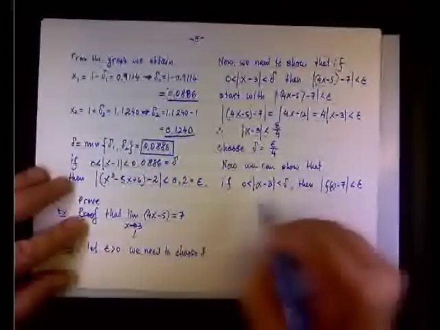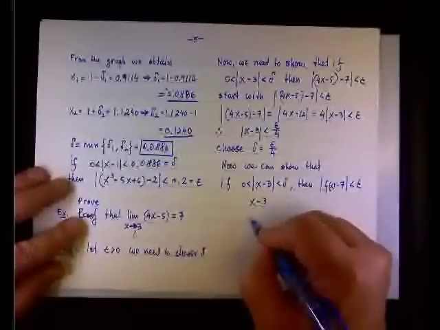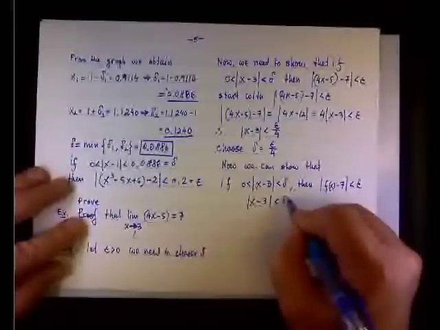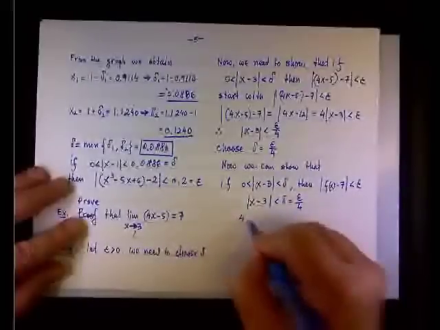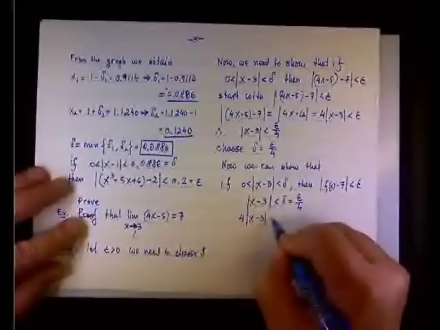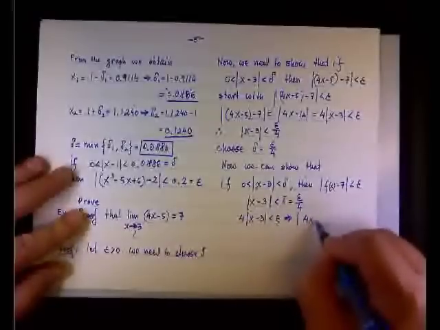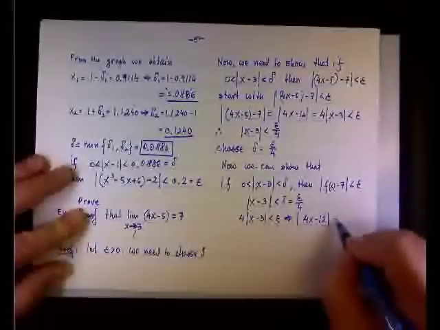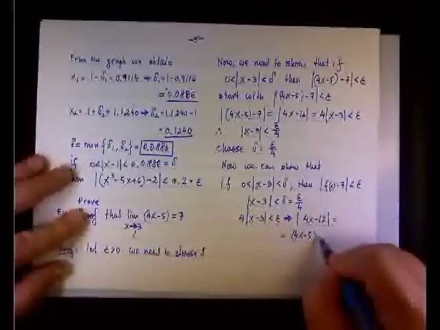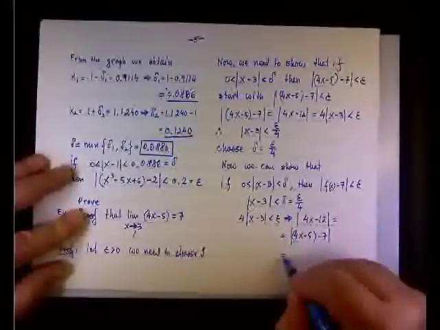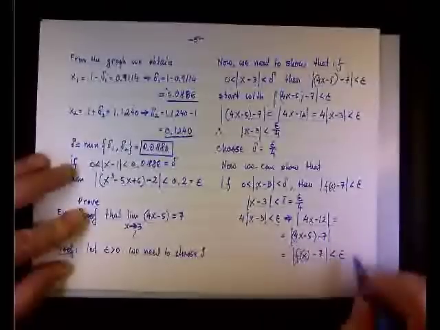We're going to take the absolute value of x minus 3 is less than delta equals epsilon over 4, and then multiply everything by 4, we're going to say that 4 times the absolute value of x minus 3 is less than epsilon, and this will lead us to the absolute value of 4x minus 12 is equal to 4x minus 5 minus 7, which is f of x minus 7, and all of it is indeed less than epsilon, and this completes the proof.